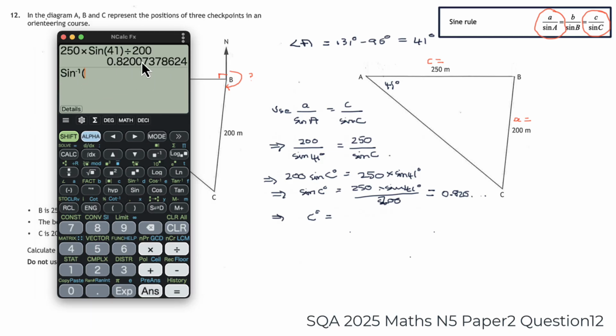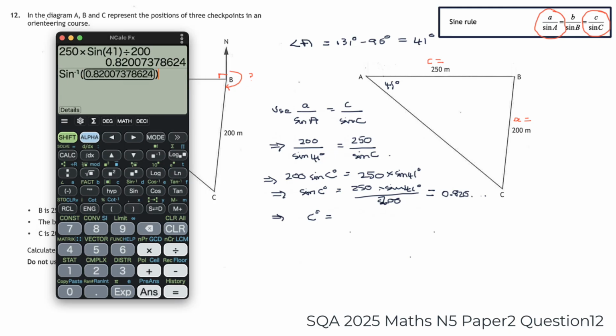Now I want to copy this figure into the sine to the minus 1. So I'll use my ans key. That means the previous answer. And what does that give me? That equals 55.092, etc. for this angle C. Let's just put that in there, 55 degrees, roughly.